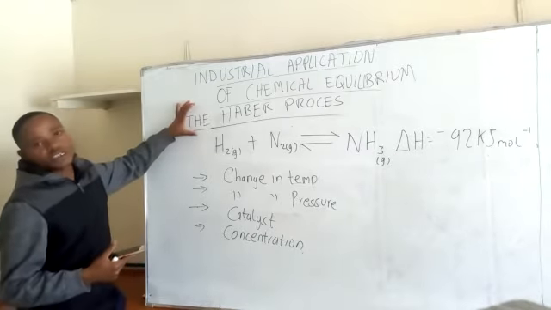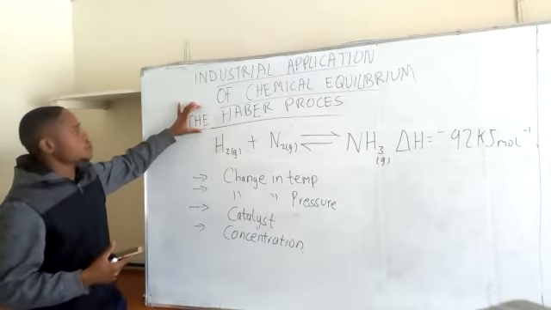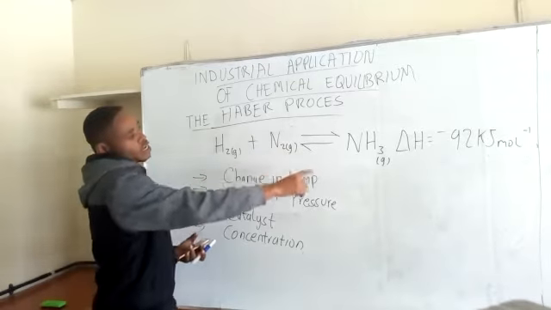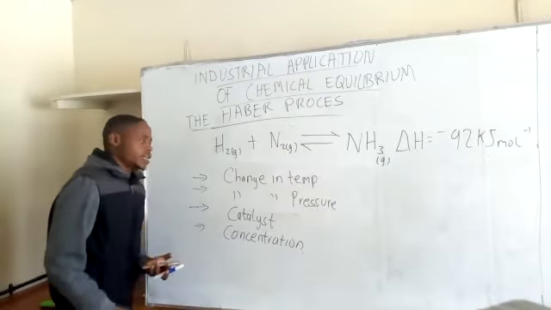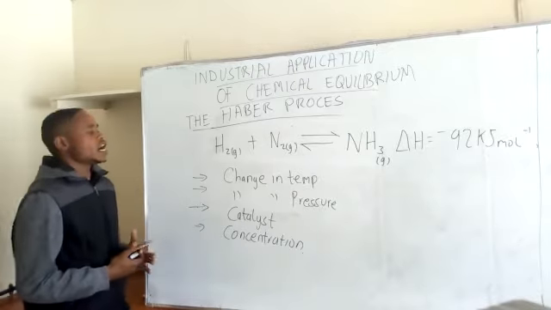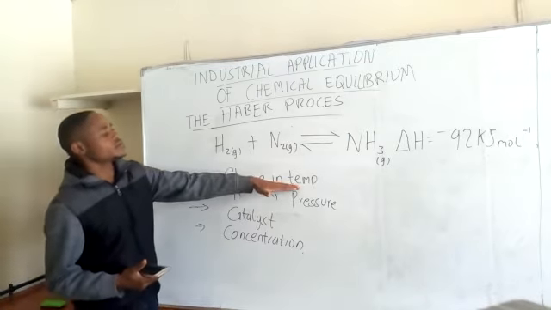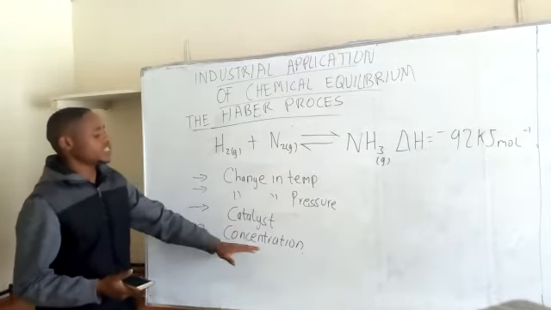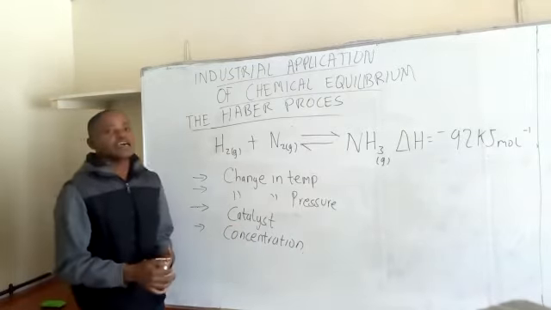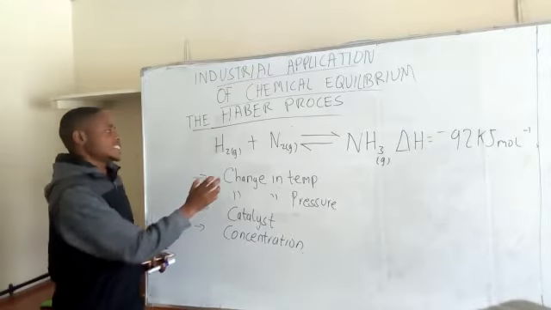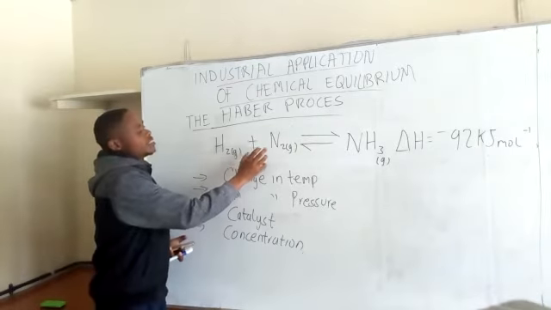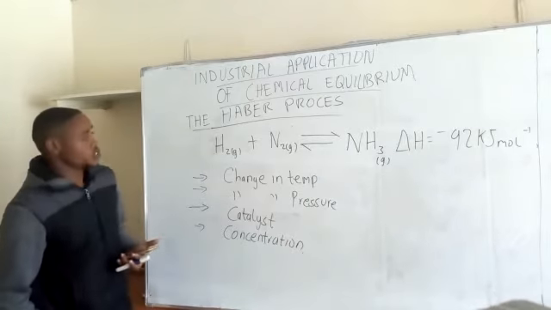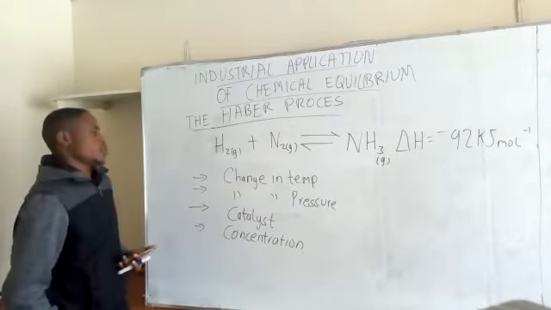Our first process, we're going to look at the Haber process, which involves production of ammonia gas, and we're going to see how temperature, pressure, the catalyst and the concentration, how those factors were considered in coming up with the optimum conditions for the Haber process.